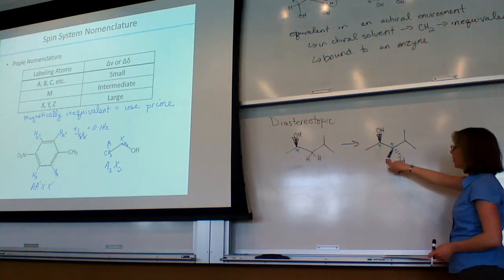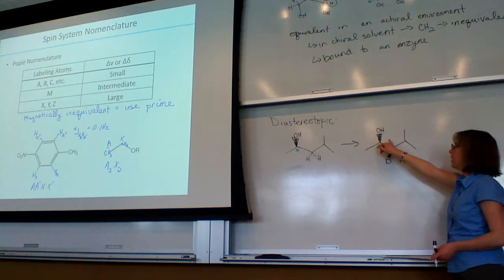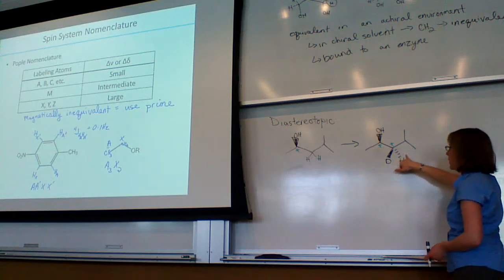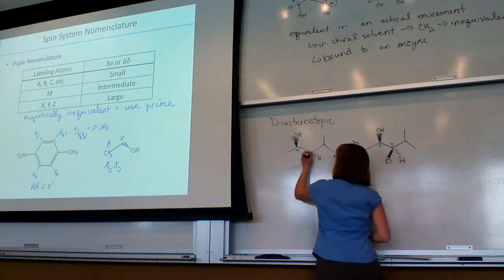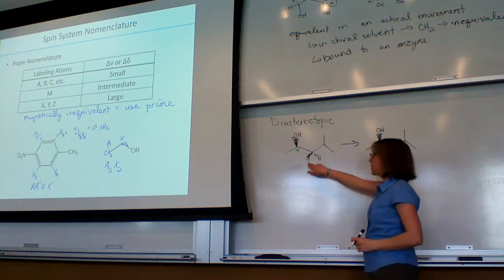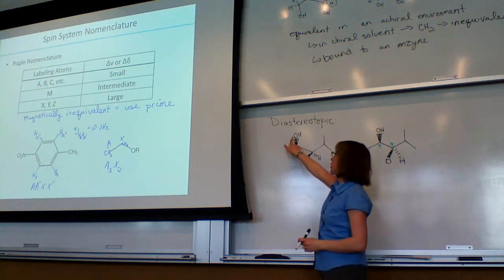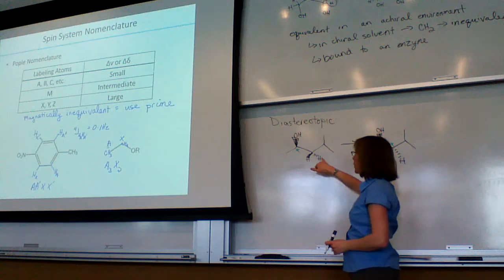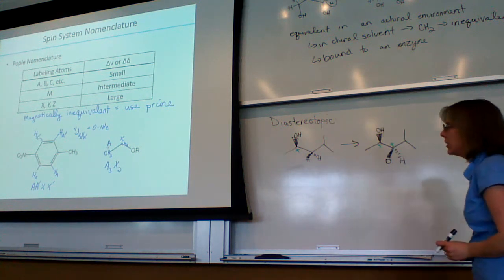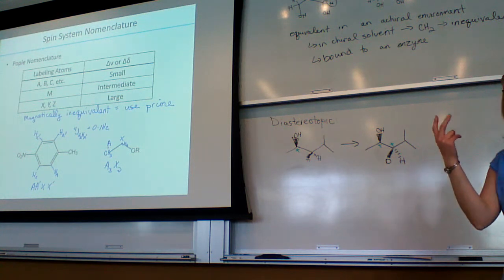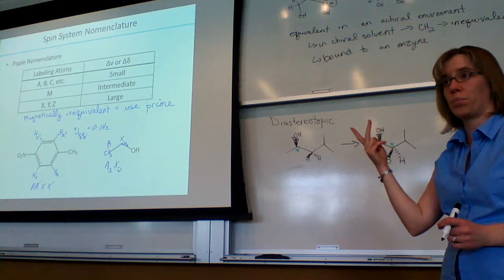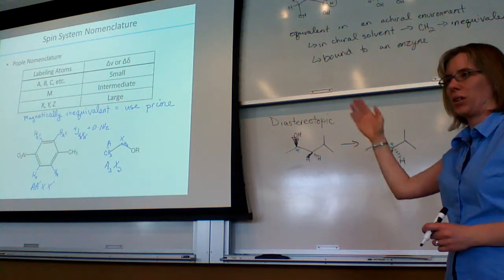This deuterium, which is on the same side as the OH, is different than the hydrogen. Likewise, when we look at these in NMR, this hydrogen that's on the same side as the OH is going to show up differently than the hydrogen on the opposite side of the OH. We see two different signals, and they may have different coupling constants with their neighbors.